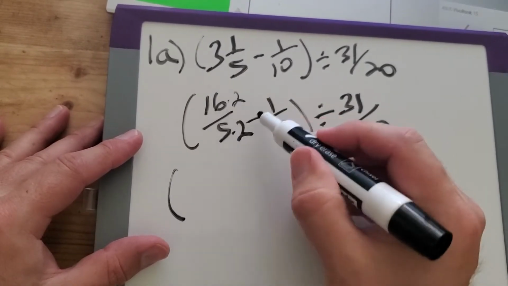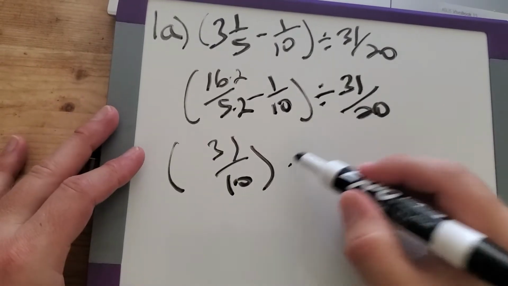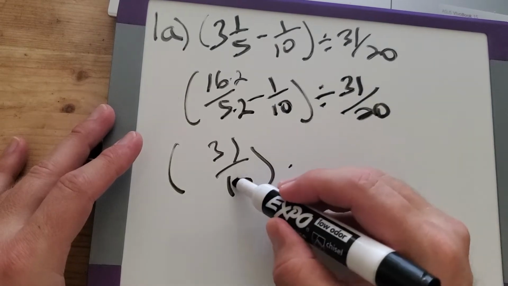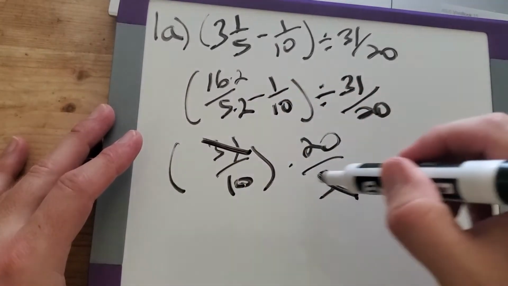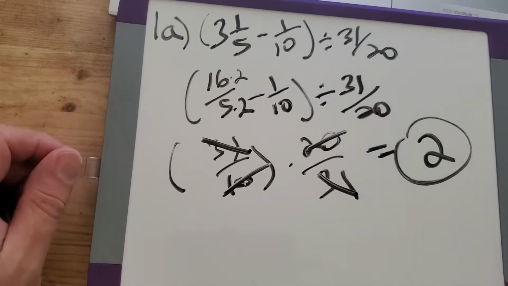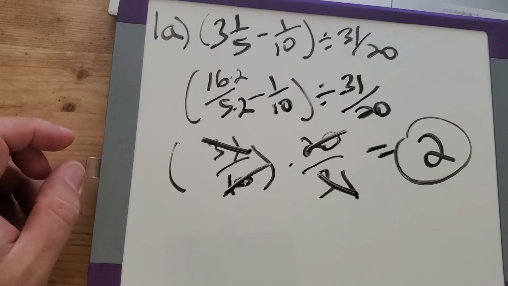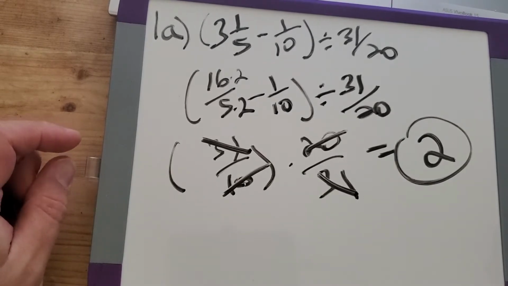So then you get 32 minus 1 is 31/10. And then dividing by a fraction is multiplying by its reciprocal. So then the 31s cancel. 10 goes into 20 twice. So that all comes out to be 2.